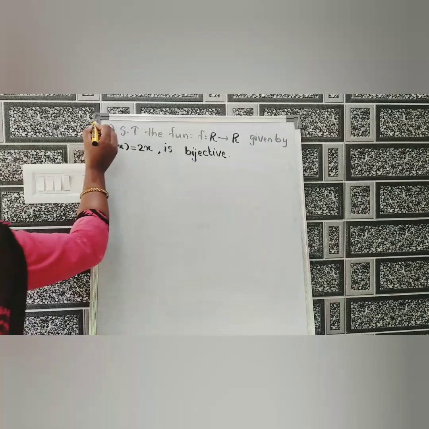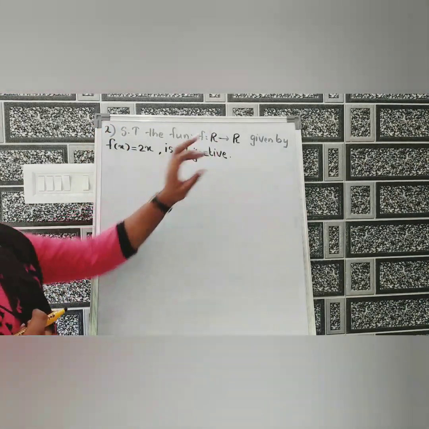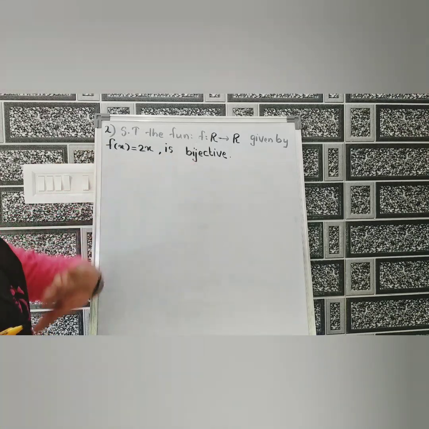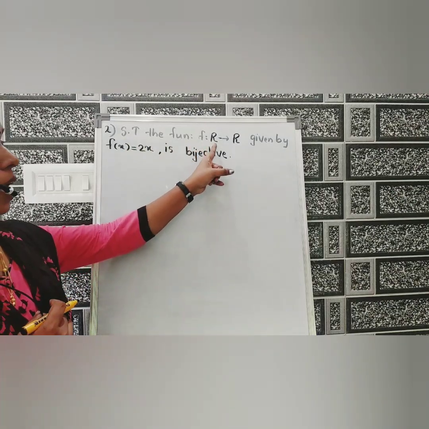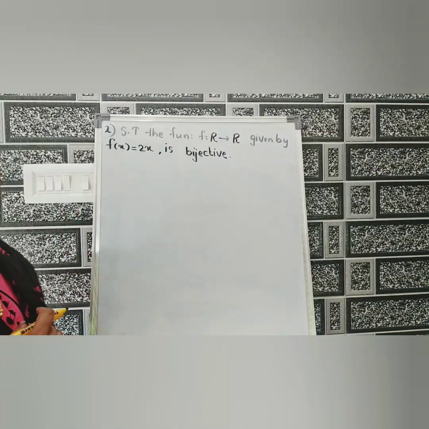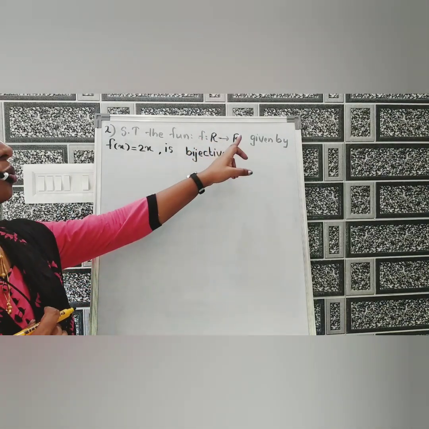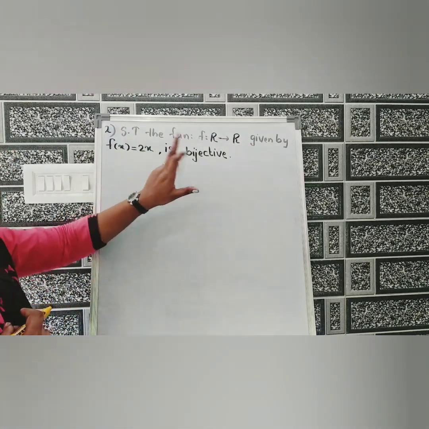Next problem: show that the function f from R to R, the set of real numbers to the set of real numbers, given by f of x is equal to 2x is bijective.